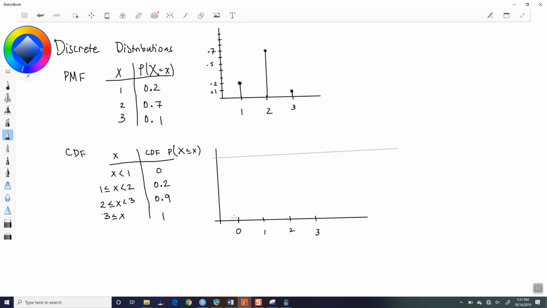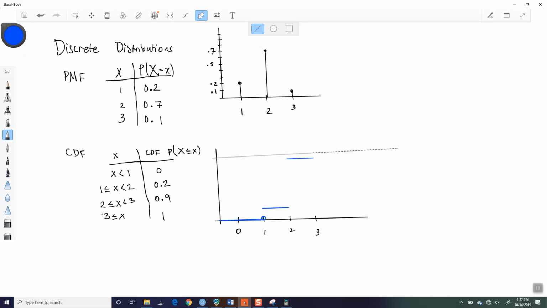Okay. All right, so below 1, we have a flat line right there. And then between 1 and 2, we're at a height of 0.2, and then between 2 and 3, we're at a height of 0.9.